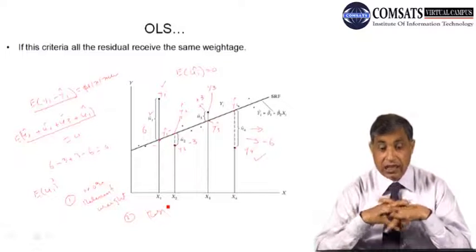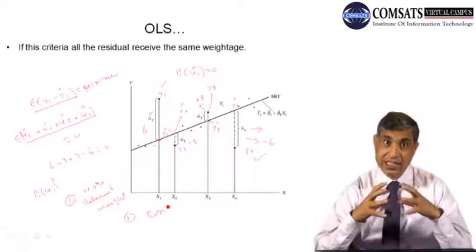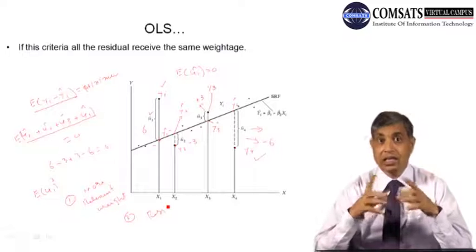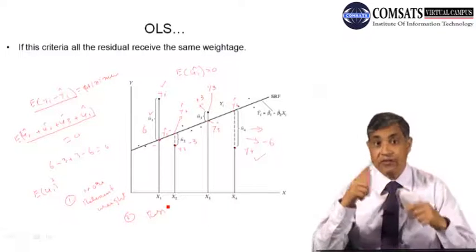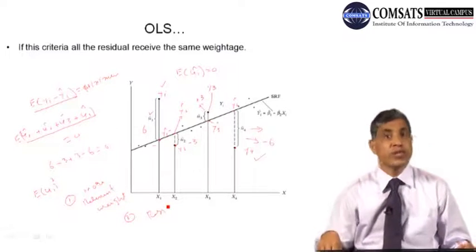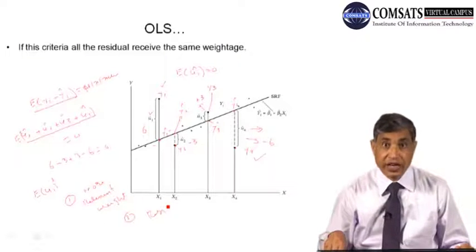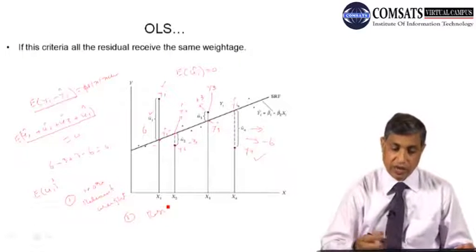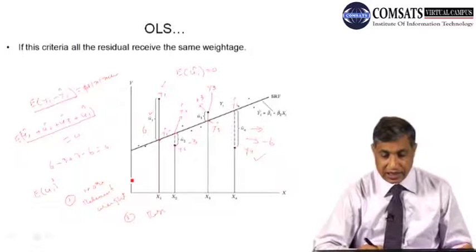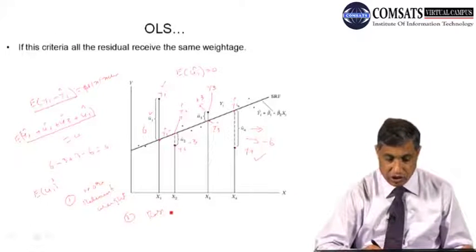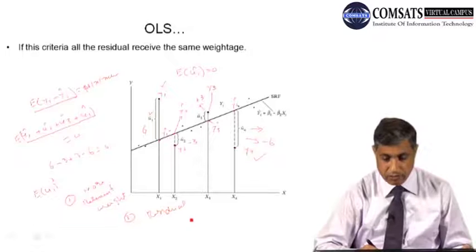The other is that we are testing our OLS, we are penalizing the OLS: if some value is away from it, we give more weightage to it, and then we will show whether the OLS estimates are good or not.